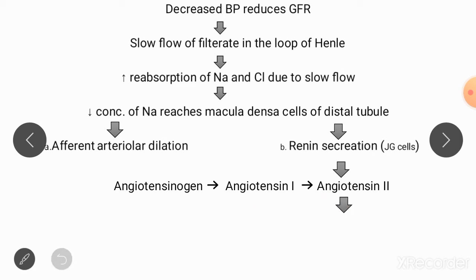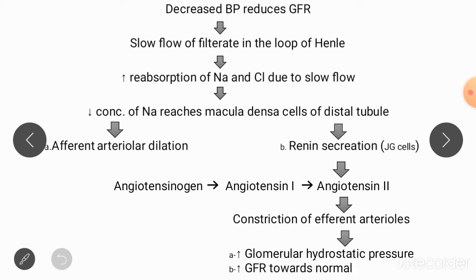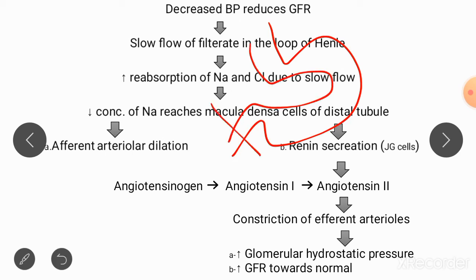And this angiotensin 2 is a very potent constrictor of the efferent arteriole. When the efferent arteriole is constricted, there is increased glomerular hydrostatic pressure, and your GFR is increased back towards normal.